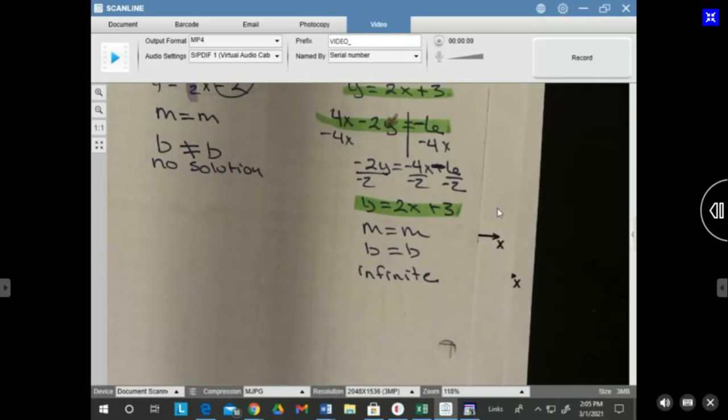So let's talk about number 75. Let's look at those graphs. We've got to graph 2 lines on one.